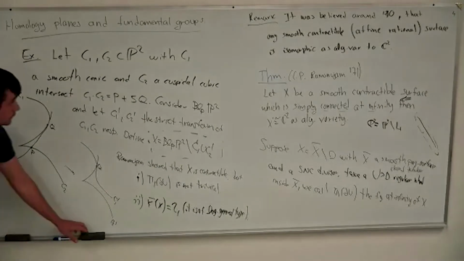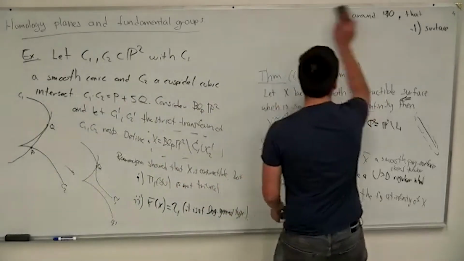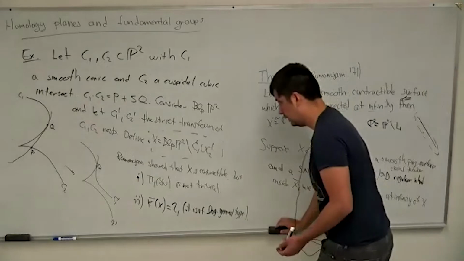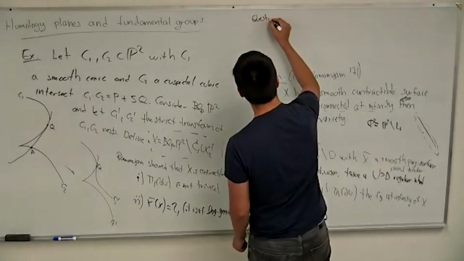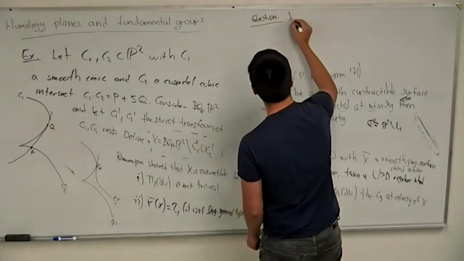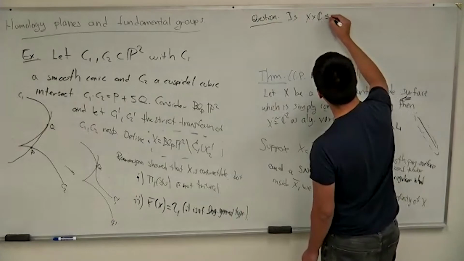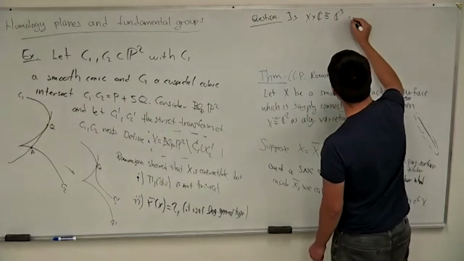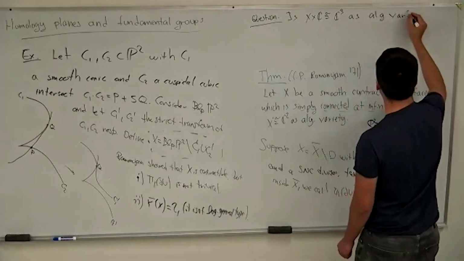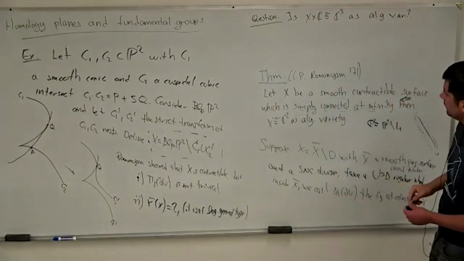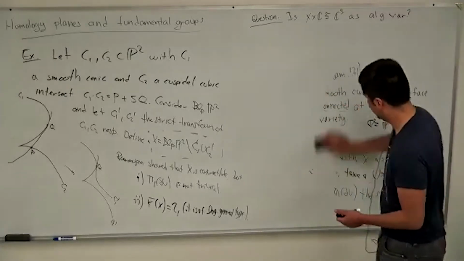So now he asked the following question. Is X times C isomorphic to C3 as algebraic varieties?